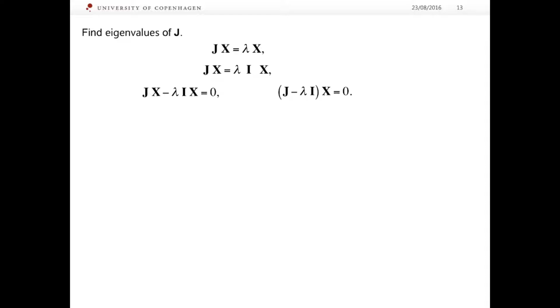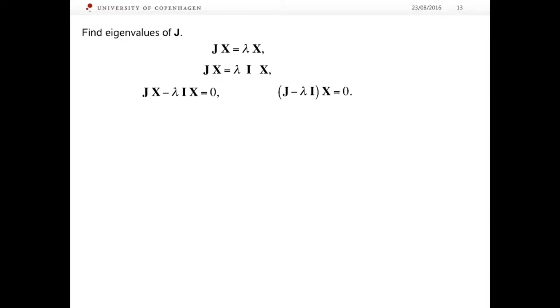The equation we obtained is a matrix equation in which the unknown is vector x. Because J is known, I is known, lambda is a number which we hope to find, and x is a vector consisting of some unknown elements.